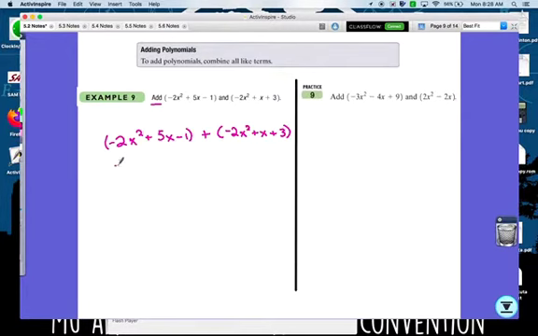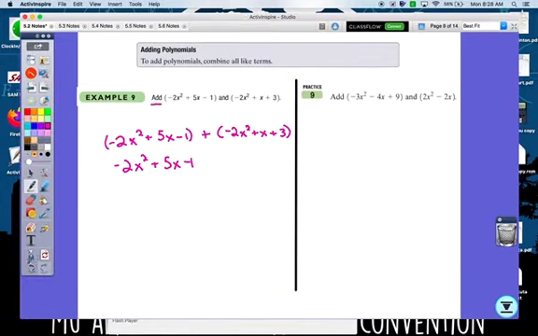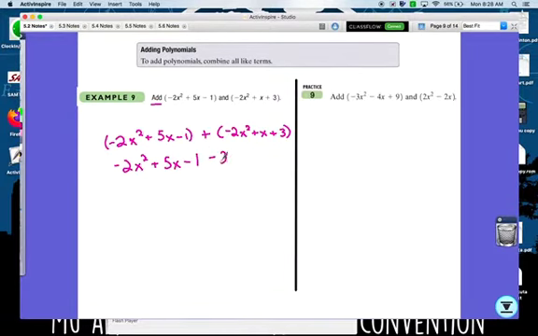We're just going to rewrite it without the parentheses. So negative 2x squared plus 5x minus 1. Plus and negative, I'm just going to write out as minus 2x squared plus x plus 3. Okay, the adding and the plus and negative is just minus.